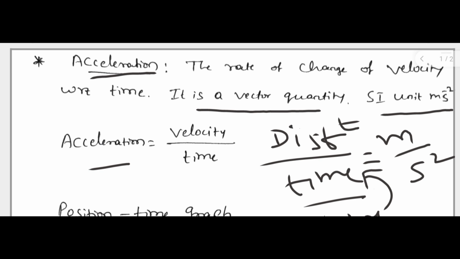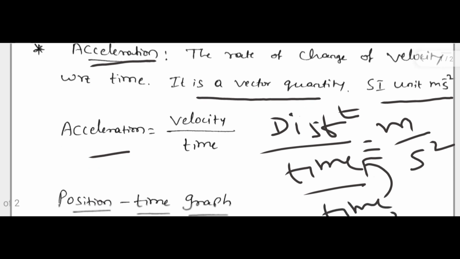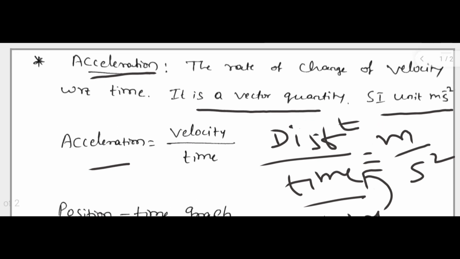Next is the average acceleration. When we sum all those instantaneous accelerations and divide, we get the average acceleration. Suppose we have five instantaneous acceleration values, we add all five values and divide by 5, then it is the average acceleration.